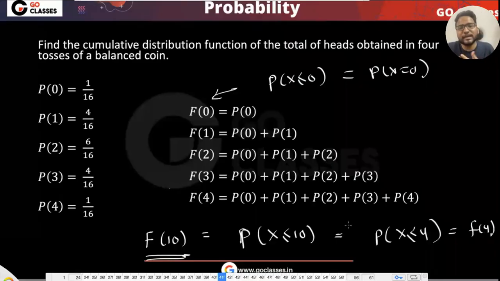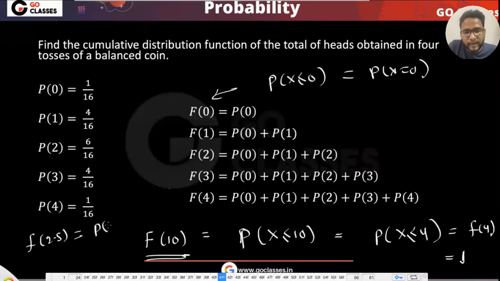But the thing is that it is non-zero even for the values which the random variable cannot take. This F10 is basically F4, and if you sum all these probabilities, you will observe that it is 1, because these are the only four things that are possible. After F4, it will be 1 only. F5 will be 1, F6 will be like this. If I ask you what is F of 2.5, then what you will say?